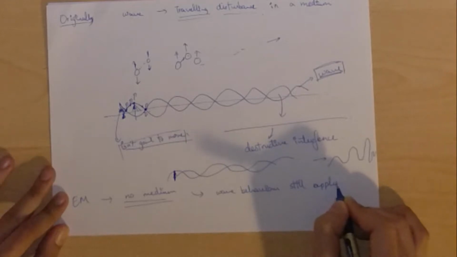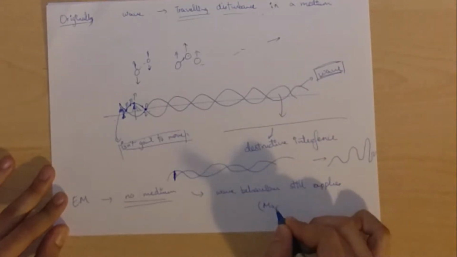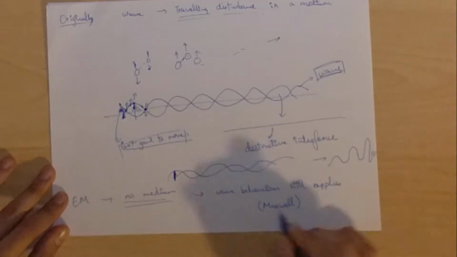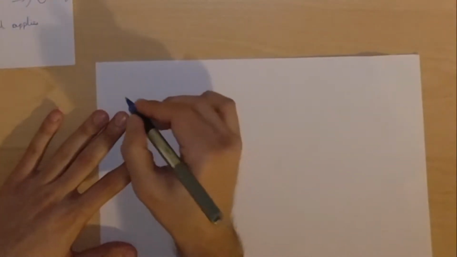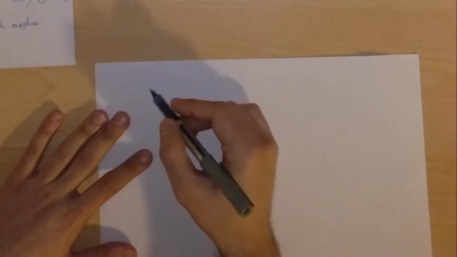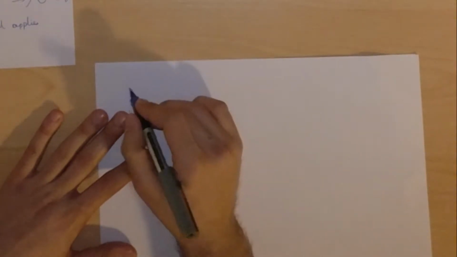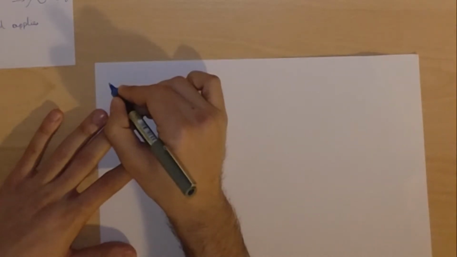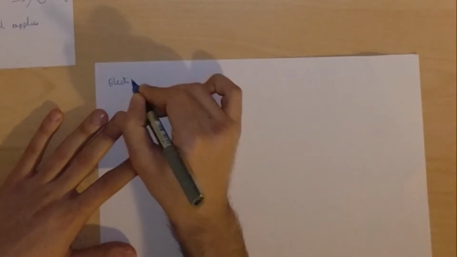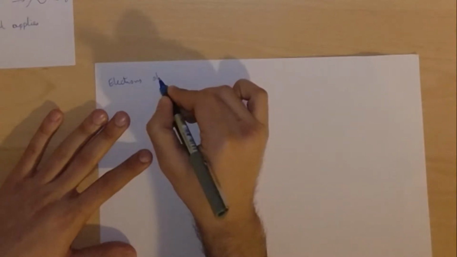So Maxwell found this, and interference behaves in the same way as it did within a medium, because light can travel through vacuum. Now, this interference pattern that is observed when light interacts, when light waves sort of merge together, was also observed when electrons were passed through the two slits.